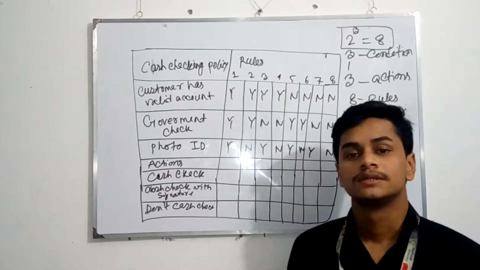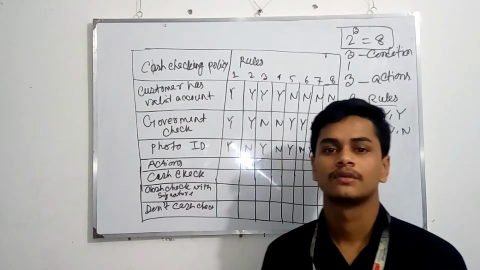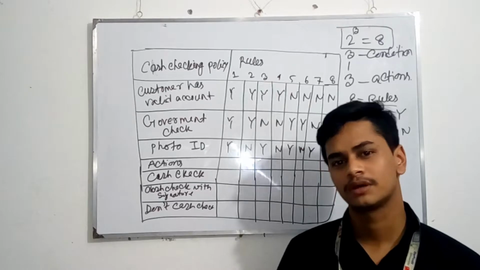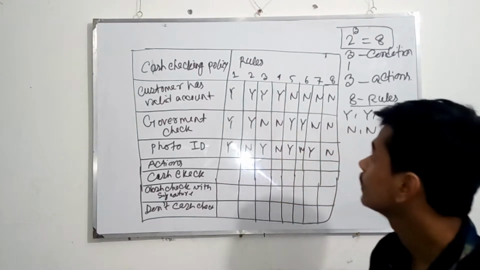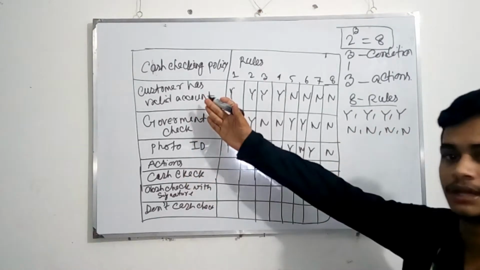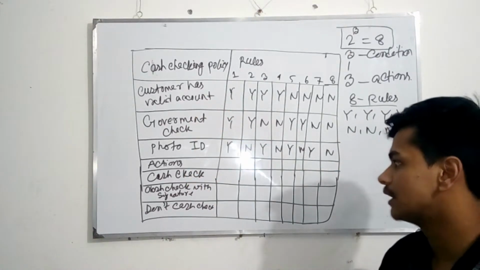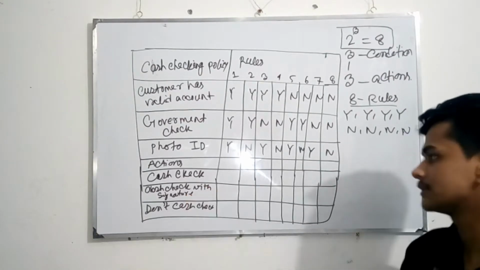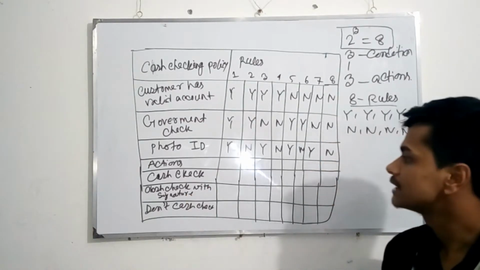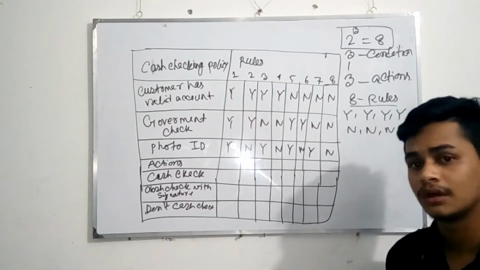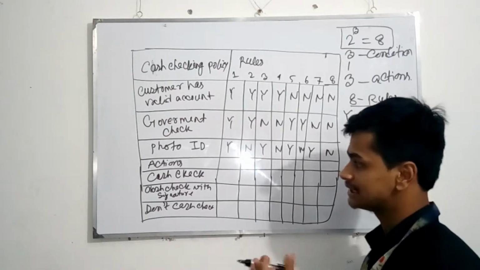My group mate Saif already completed step 1, which is how to design a decision table based testing. So I need to complete the actions. Actions are here below: cash check, cash check with signature, and don't cash check.